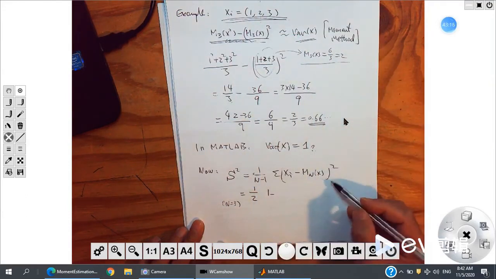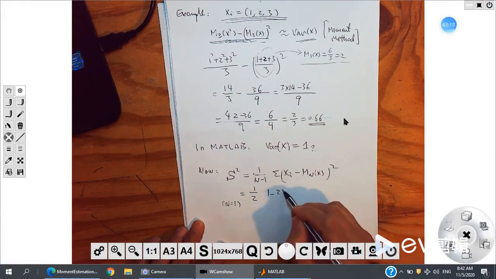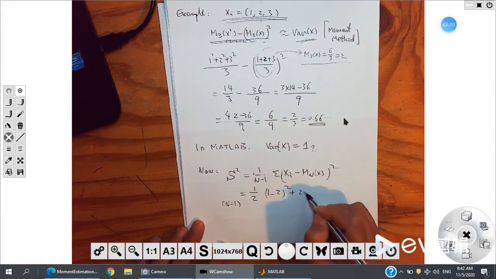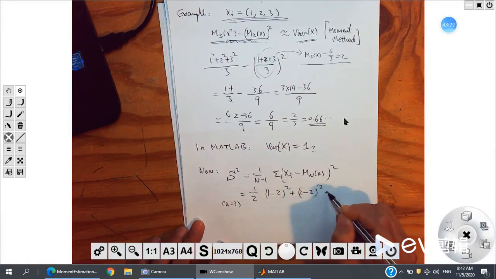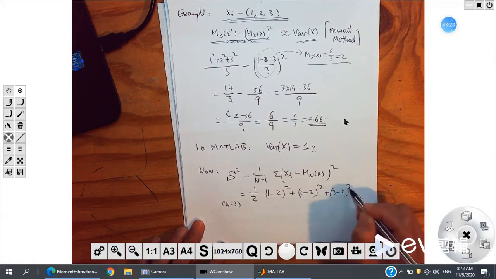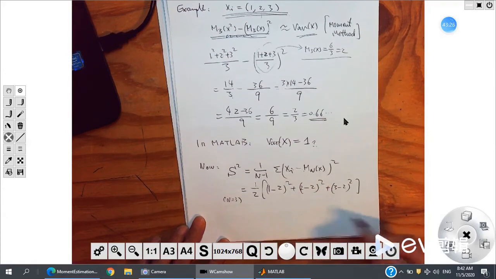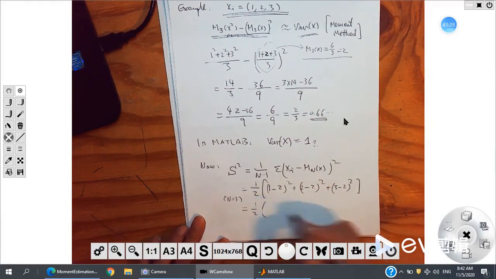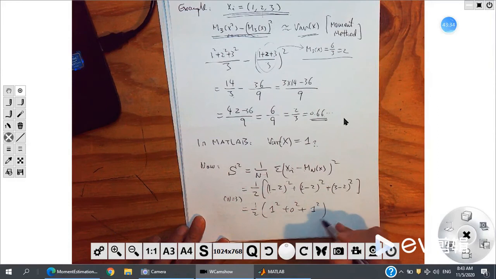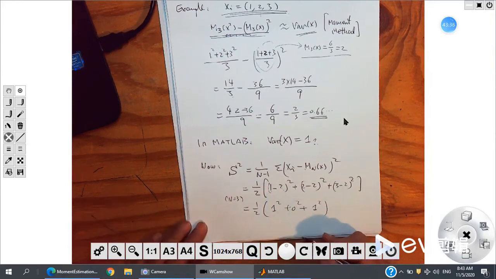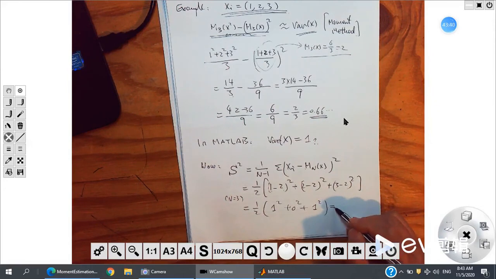So this is 1 minus 2 squared plus 2 minus 2 squared plus 3 minus 2 squared. Right. Okay, what is it? Here's 1 squared plus 0 squared plus 1 squared again. Negative 1 squared and 1 squared are the same. So this is 1.